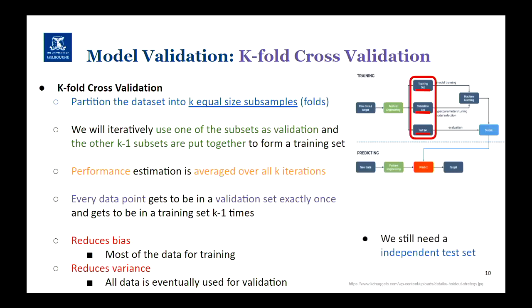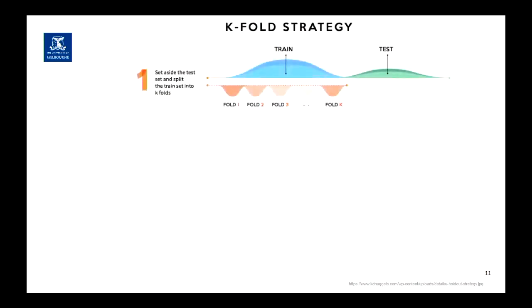But however, we still need to separate out of this an independent test set. Okay? So the global idea of k-fold cross-validation is the following one. So we're going to set aside, first thing, our test set, our independent blind tests, and we're going to split our training.